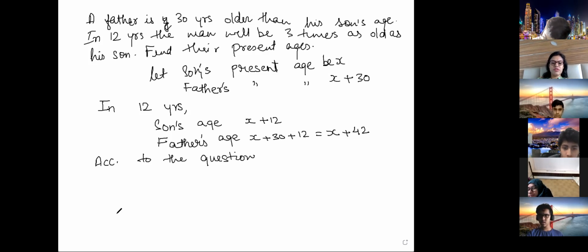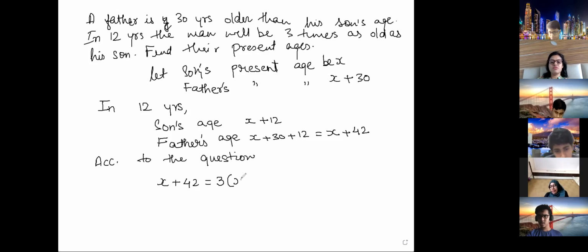Equation is... can anyone give me the equation? Has anyone written it? Farhana, have you written this equation? Question says in 12 years, the man will be 3 times as old as his son. So man's age is x plus 42 in 12 years, and that is equal to 3 times the age of his son.